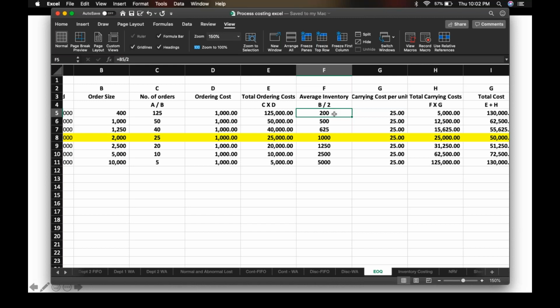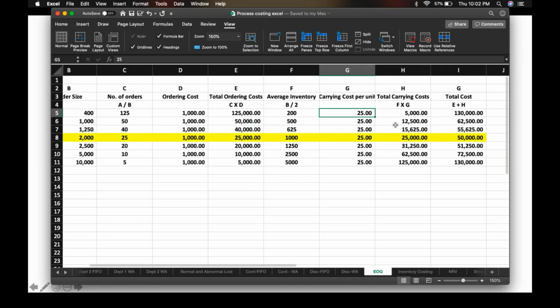And that is 200 times 25 pesos per unit. We are incurring 5,000 pesos carrying cost. So kung mapapansin mo, habang kaunti yung average inventory natin, bumababa din yung carrying cost natin. Kasi konti lang naman yung inventory na kini-carry natin.